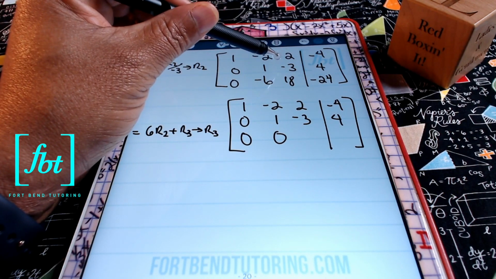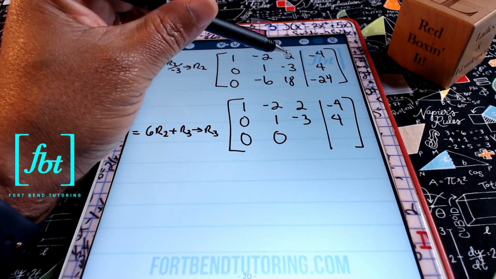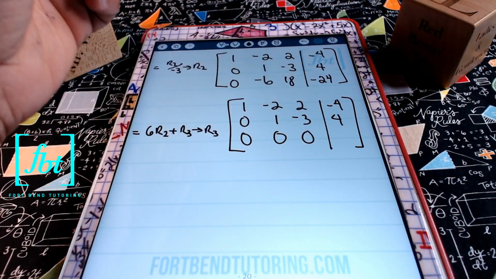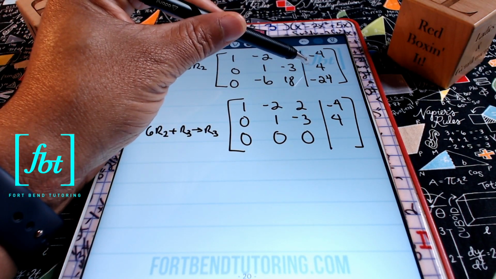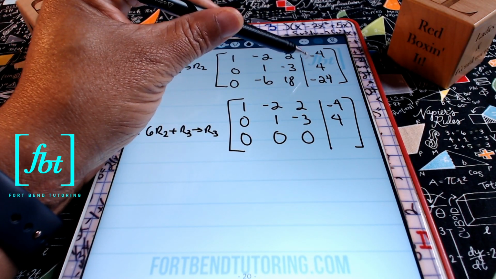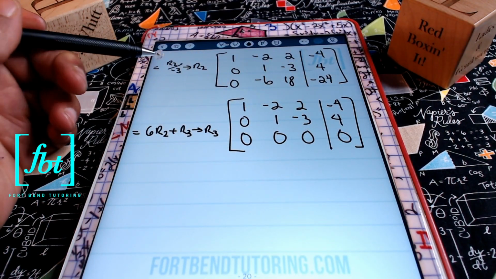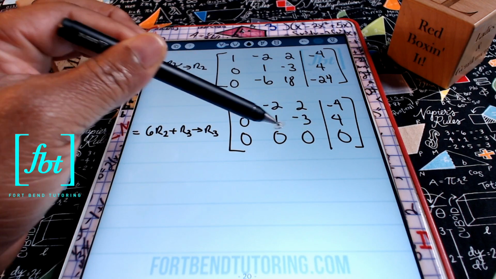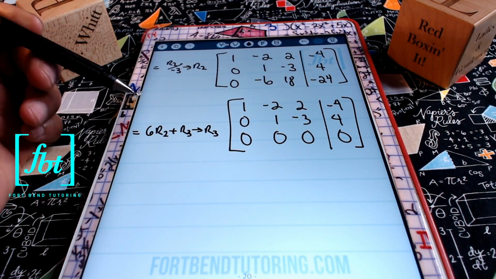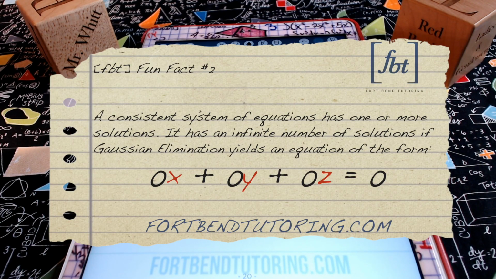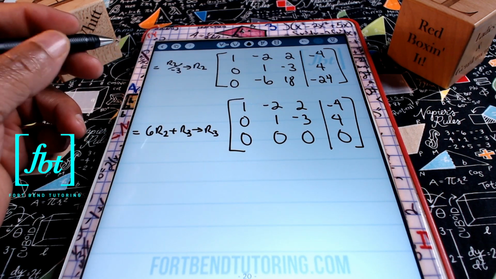Multiplying 6 times -3, you get -18. -18 plus 18 is 0. And then multiplying 6 times 4, you get 24. And 24 plus -24 is 0. Ladies and gentlemen, anytime you get a row or an equation where all the coefficients are 0, you will end up with a consistent system that has an infinite number of solutions. All right. So what you want to do now is go ahead and back substitute your equation at this point.